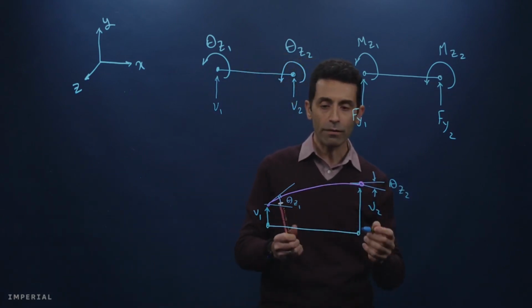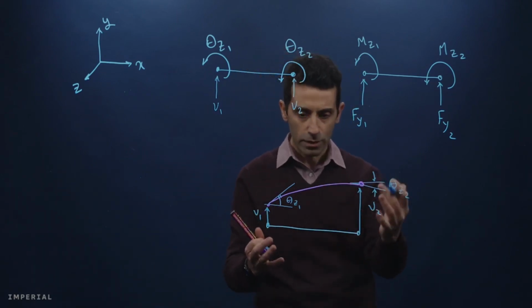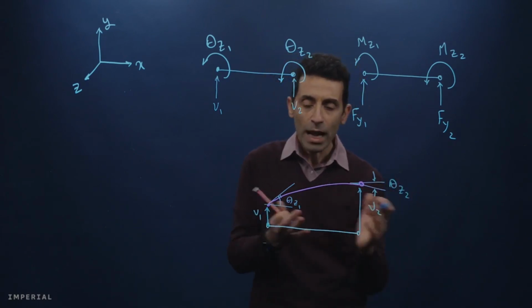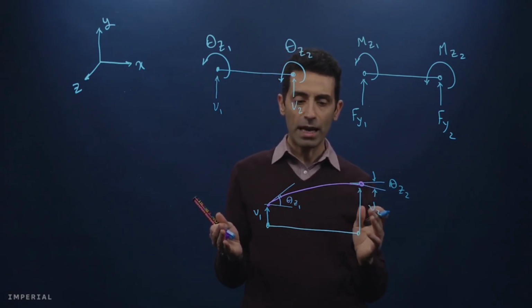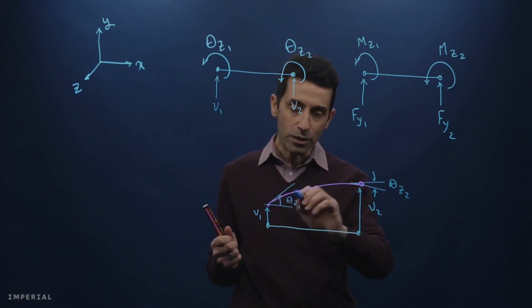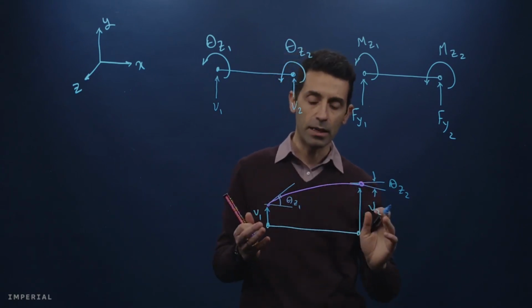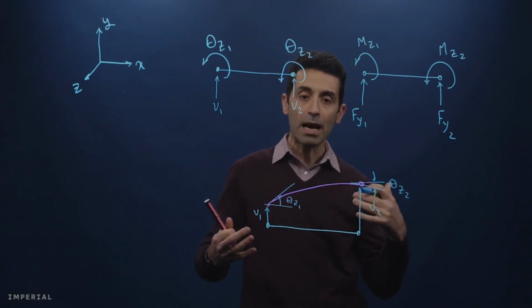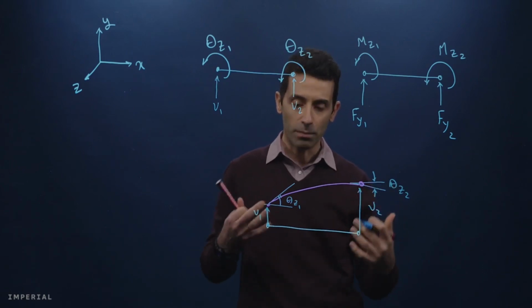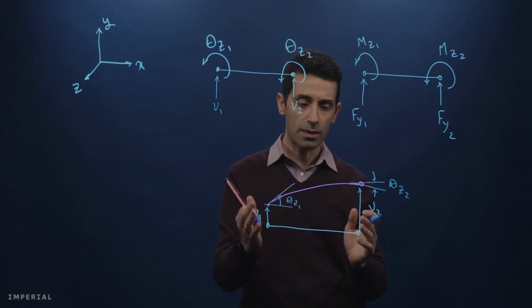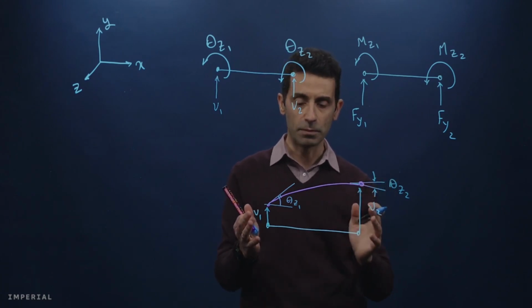Right? So at every node, we have degrees of freedom, theta Z1, V1, V2, and theta Z2. But what happens across the length of the element? So you can see here I have the distribution of this vertical displacement across the element. This is something that we can approximate, we can interpolate between the known degrees of freedom, which is V1, theta Z1 and V2, theta Z2.